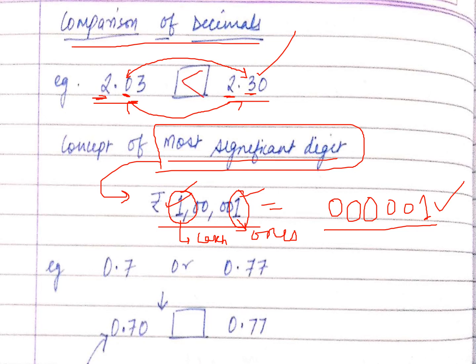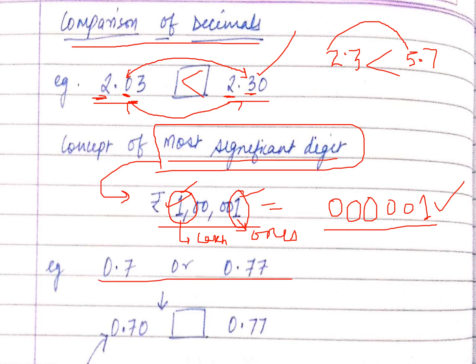Got it? If the numbers were 2.3 and 5.7, in this case, when you compare the first digits, obviously 5 is more than 2, you could have said this. So you have to keep on comparing the most significant digits until you reach the final digit. Okay. Similarly, in this case, you can try on your own.